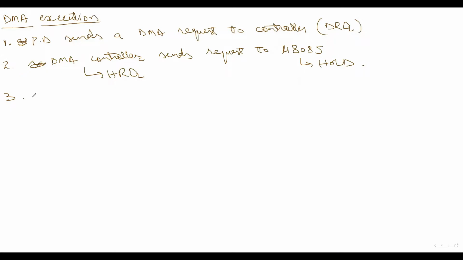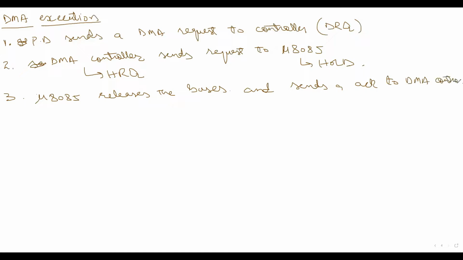Okay, after this the microprocessor 8085 releases the buses, or we can say it gives the control of the buses to this DMA controller, and sends an acknowledgement to the DMA controller. The 8085 sends the acknowledgement through this particular pin, and the DMA controller receives it through this particular pin.